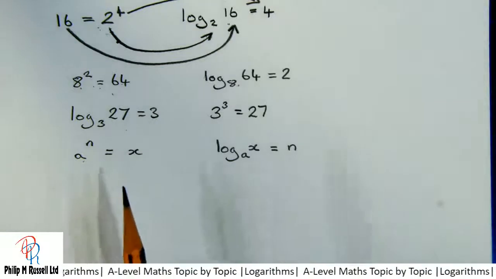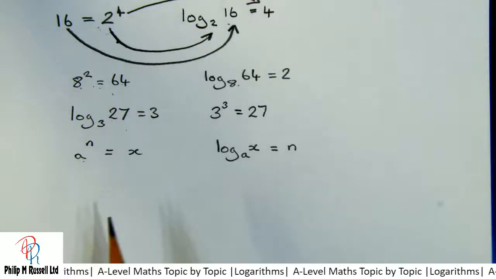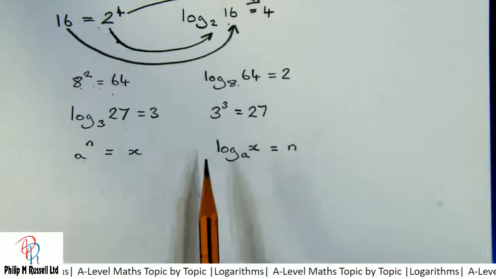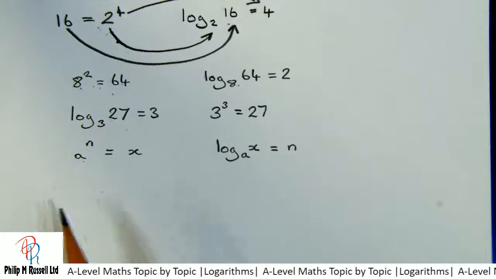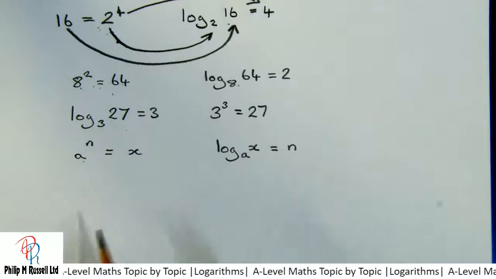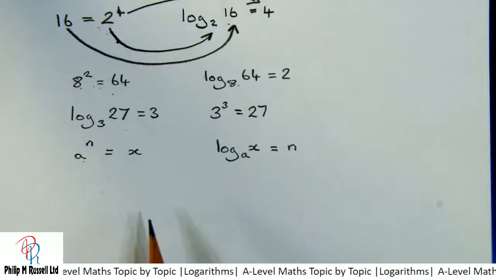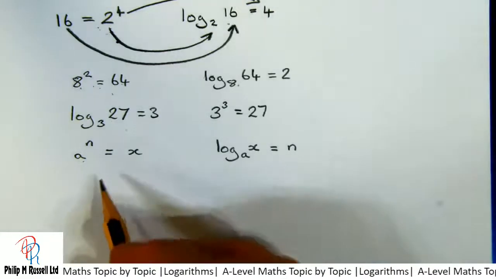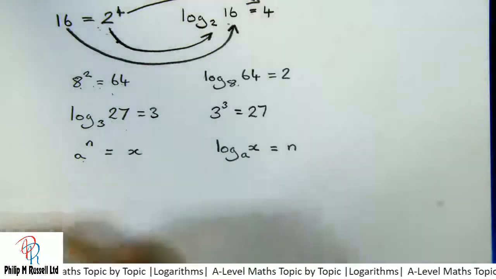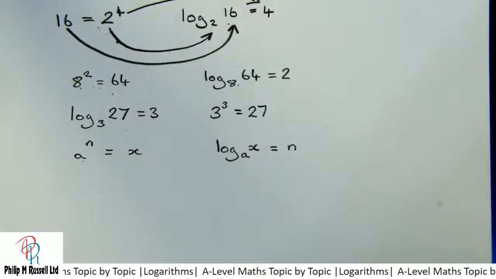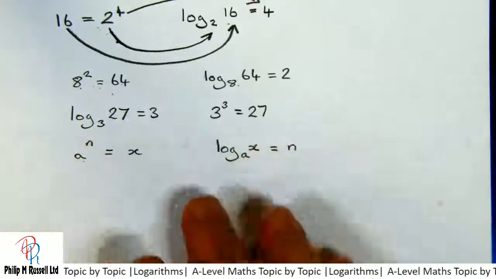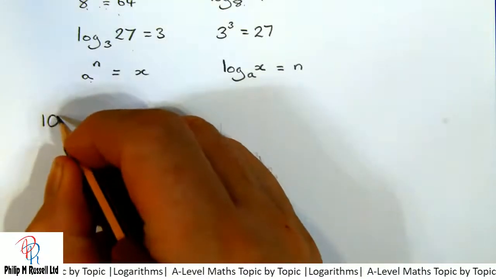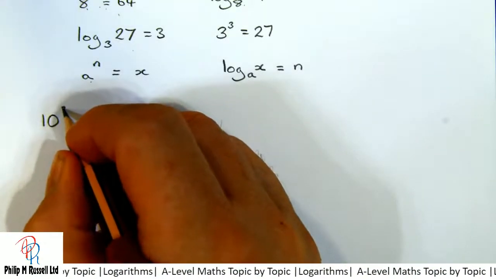So we've got this idea of writing an expression as a logarithm, or a logarithm as an expression, and then our next job is to have a look at other things. So let's look at something to the base 10. What do we know? Right, let's take 10 squared.